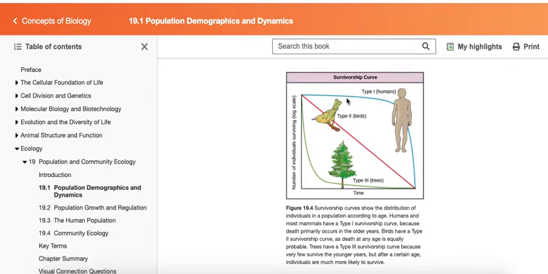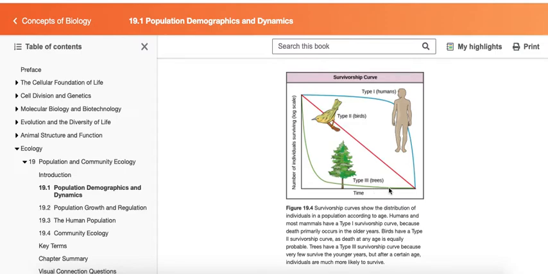So survivorship curves, this is pretty important to figure out and understand. There are some animals or plants that will create thousands, millions of different eggs or seeds, but even though they're creating millions of them, the number that actually survive as time goes on is really low.